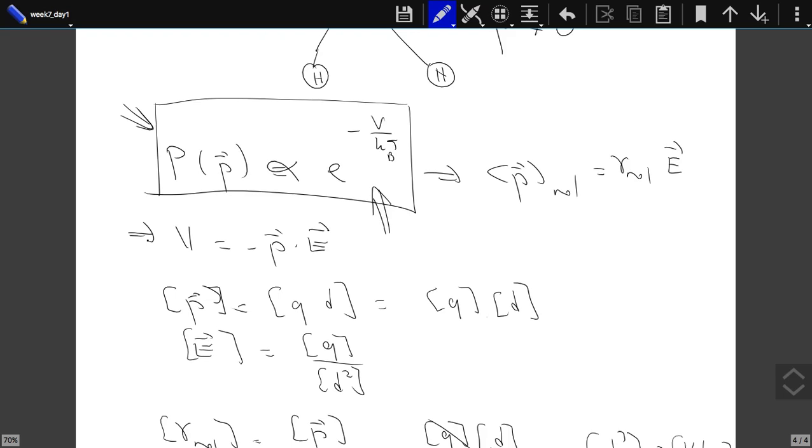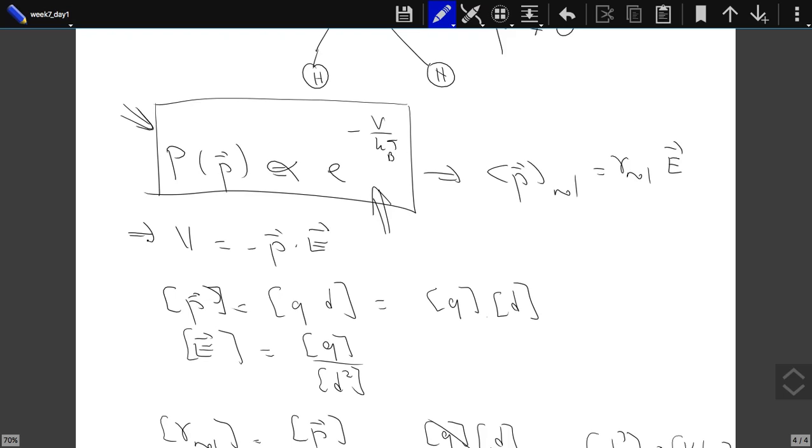We have the probability of a given direction. We just multiply and calculate the average. You multiply the probability with the dipole moment and integrate over all possible outcomes. It's just like the average in quantum physics.